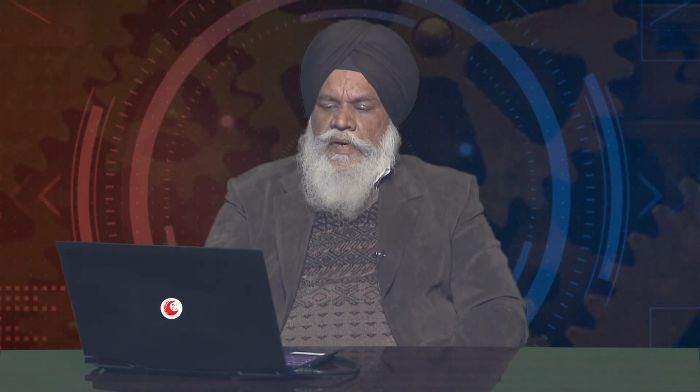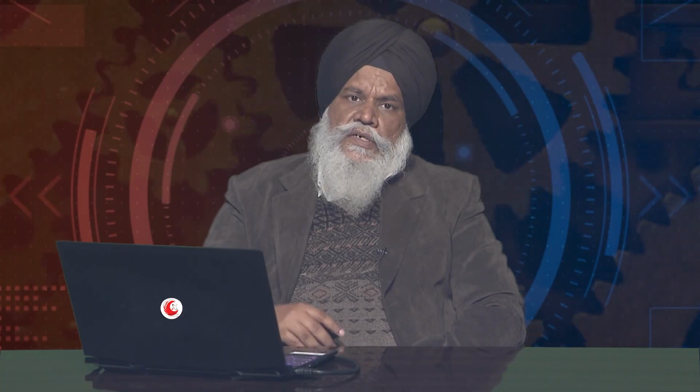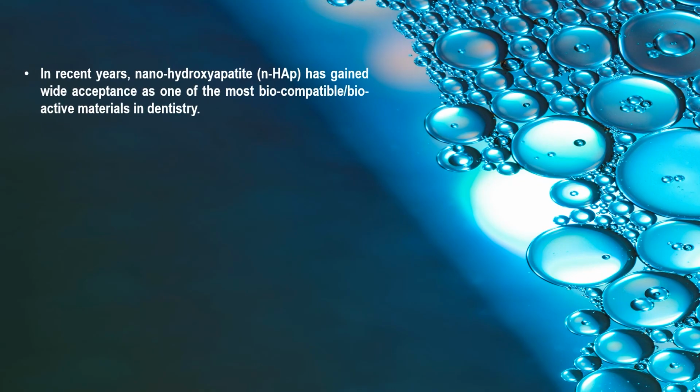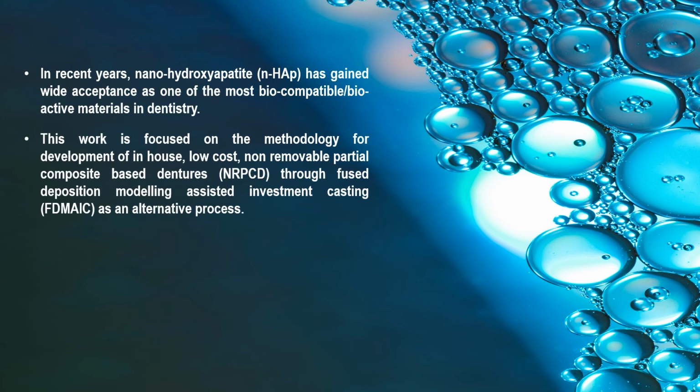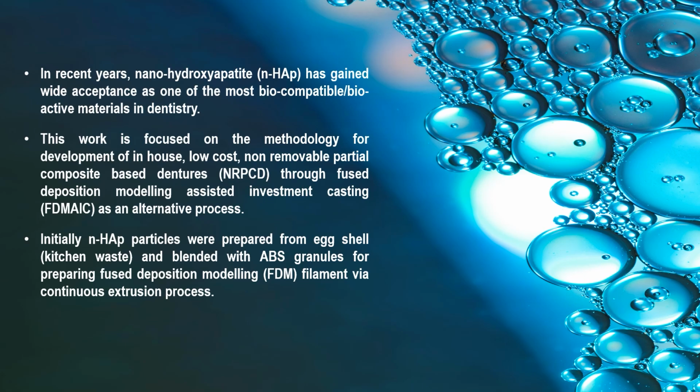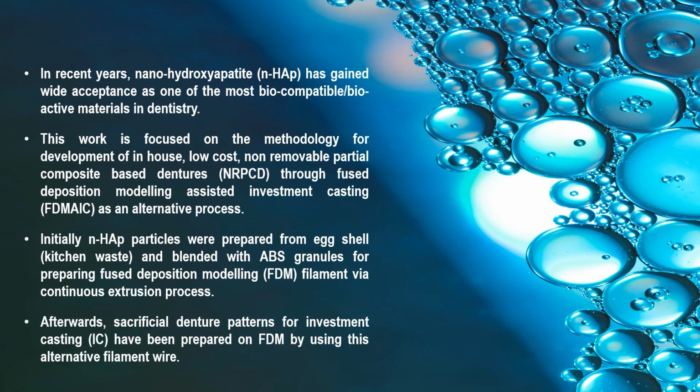If I go to the background, we are interested in putting some nano HAP particles into the polymer part for use in fused deposition modeling assisted investment casting. Now, why this? It has been reported that if these nano HAP particles are put in the range of 8% to 10%, they help the growth of the osteoblast cell.